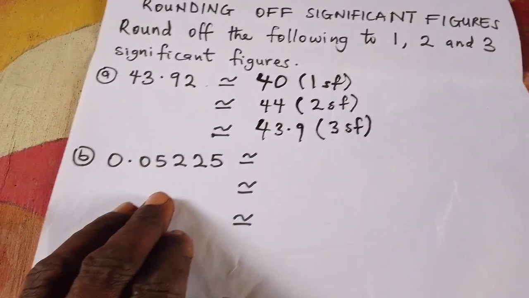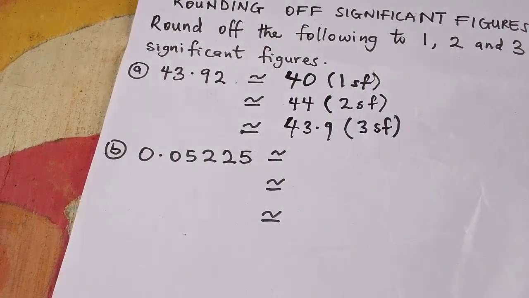Now let's move on. If you want to do 0.05225 to 1 significant figure, I told you earlier that when counting significant figures, you can count from whole numbers or decimals, but the first number should be between 1 and 9. So 0 is not accepted.